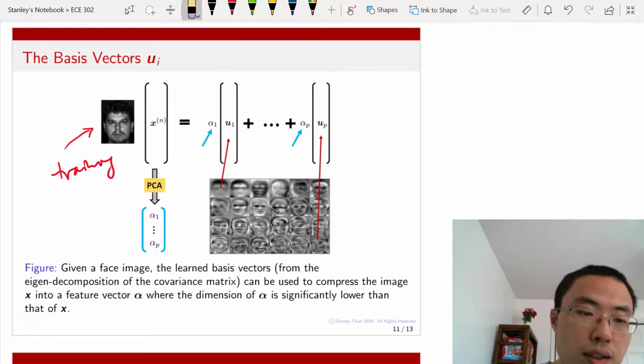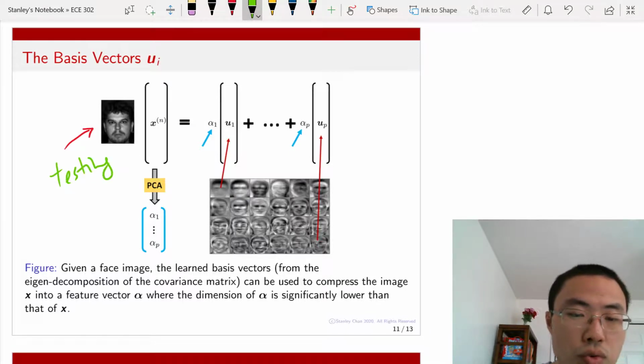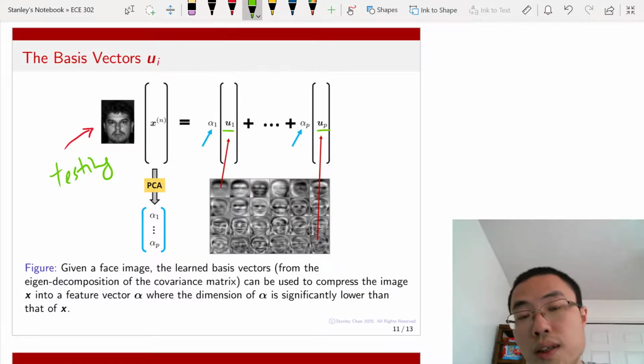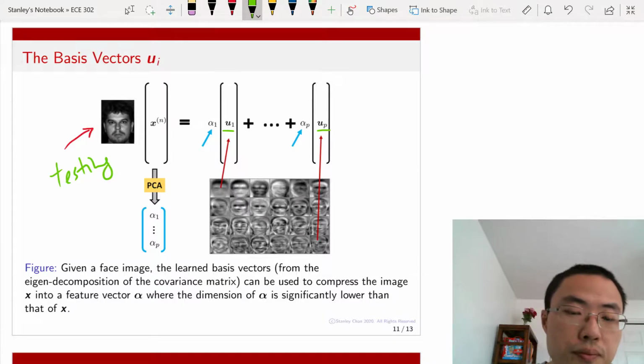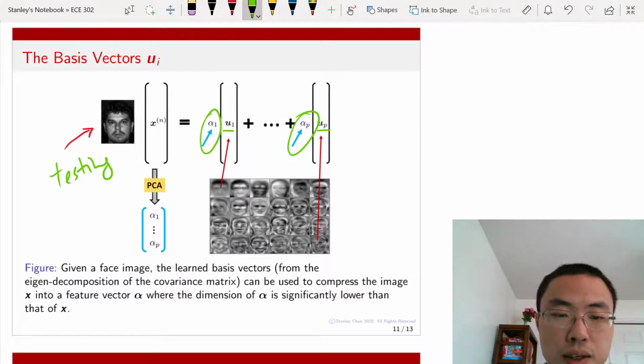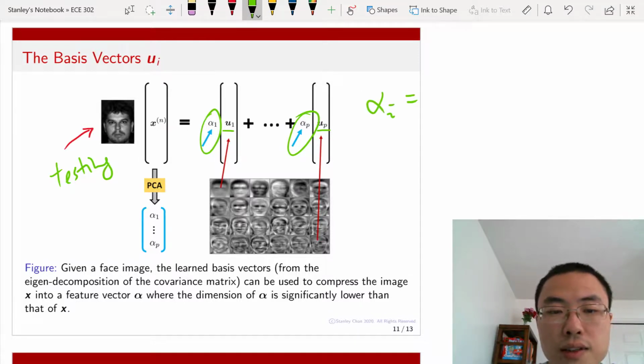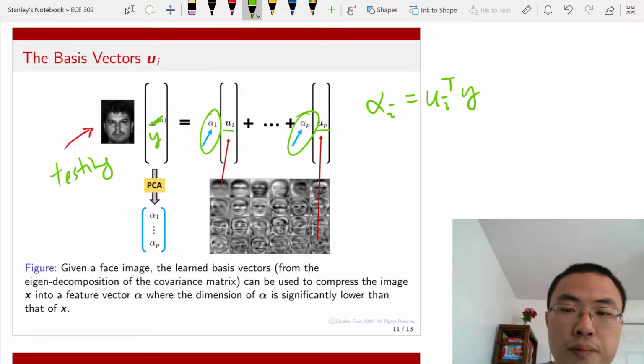During testing, let's say now this image becomes a testing image, then what do you do? Well, if you're running a test, then the U1 through UP are already fixed. Then all you need to do is to determine alpha 1 through alpha p, and as we have shown before, alpha i is determined by ui transpose times your data, which in this case would be your y.